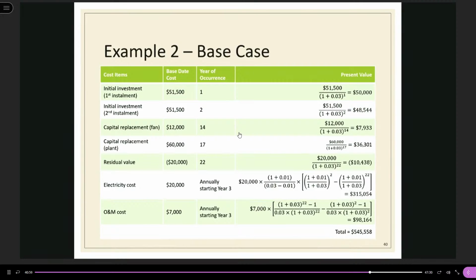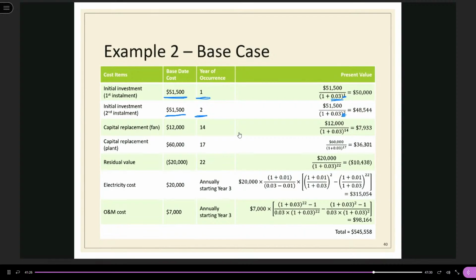For the first installment, we will pay not on day 1, but at the end of the first year. So time T should be 1, and we have the real discount rate. And the second installment, we will pay at the end of the second year. So T will be 2.